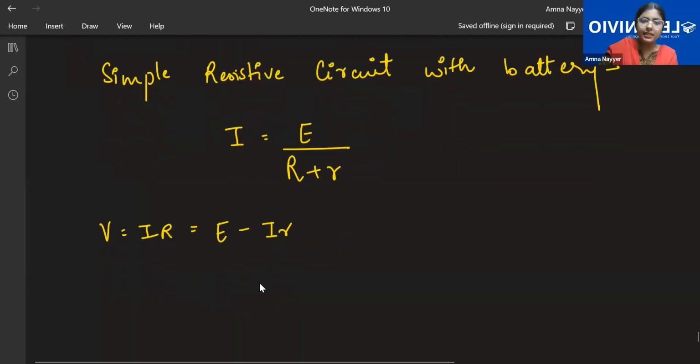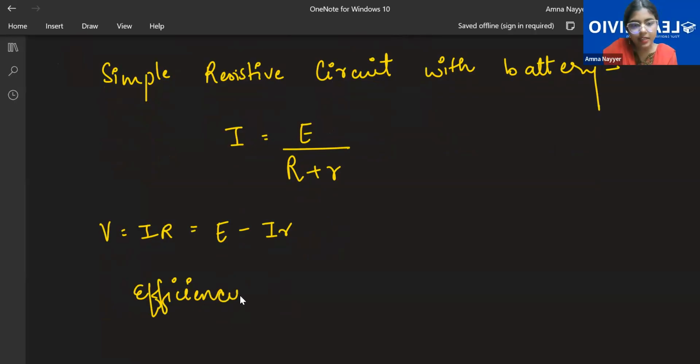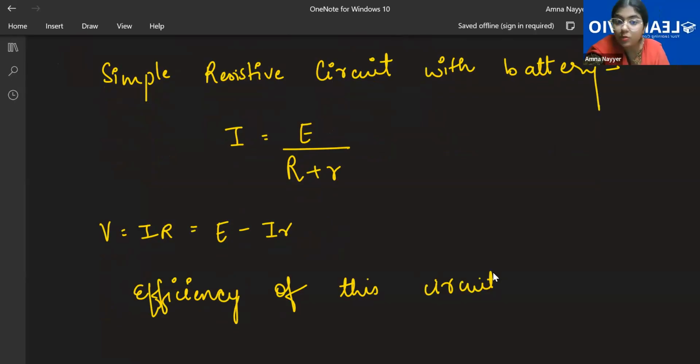Now, sometimes in this, a topic comes: efficiency of this circuit. So efficiency means whatever supply is being given to the circuit, is it giving you the exact output or not? Or is there some dissipation in the form of heat? Because you know, wires get heated up.